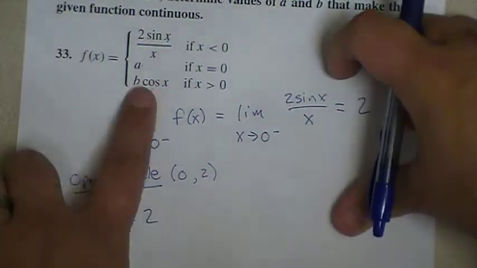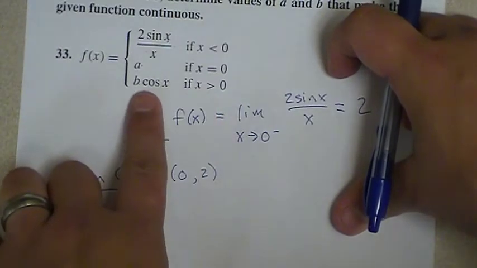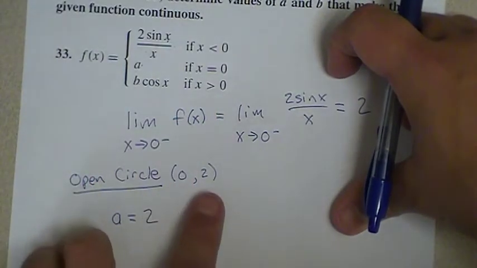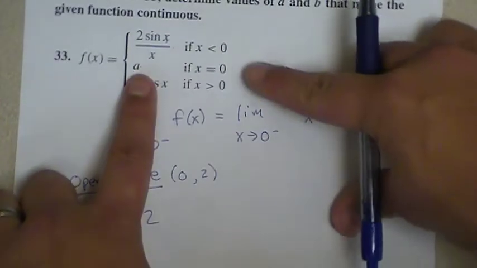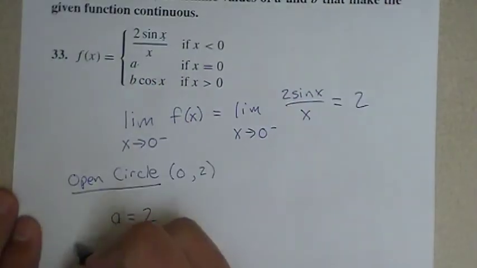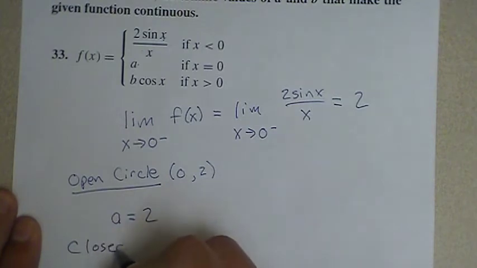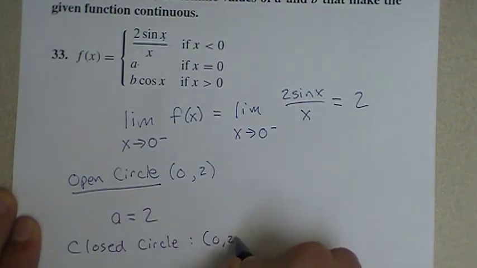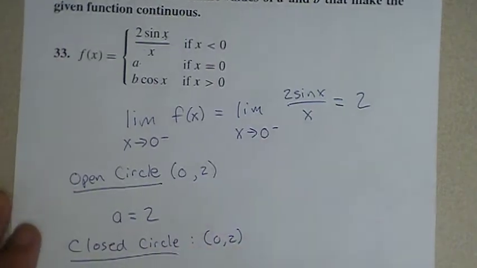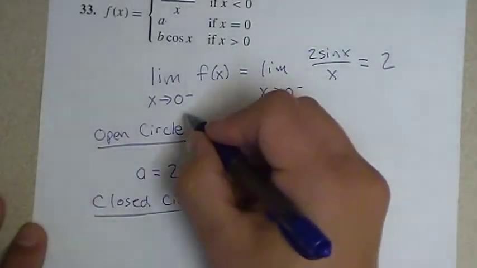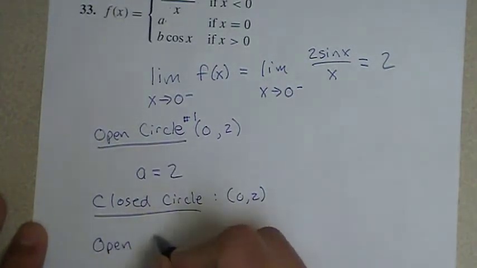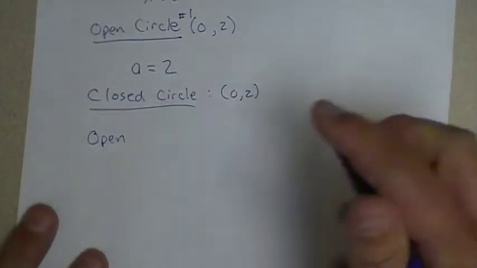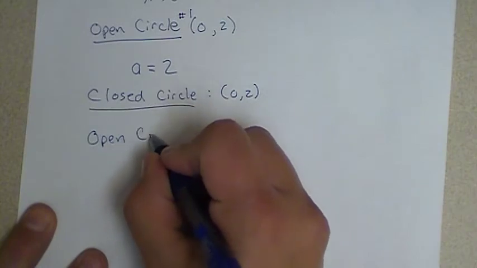We would also want the open circle where this last piece of the function picks up to be in the exact same location as this open circle and the closed circle that we just talked about. So if a is 2, we definitely do get a closed circle at 0, 2. I need my second open circle, so maybe I'll call this open circle number 1, to be in the same location, 0, 2.